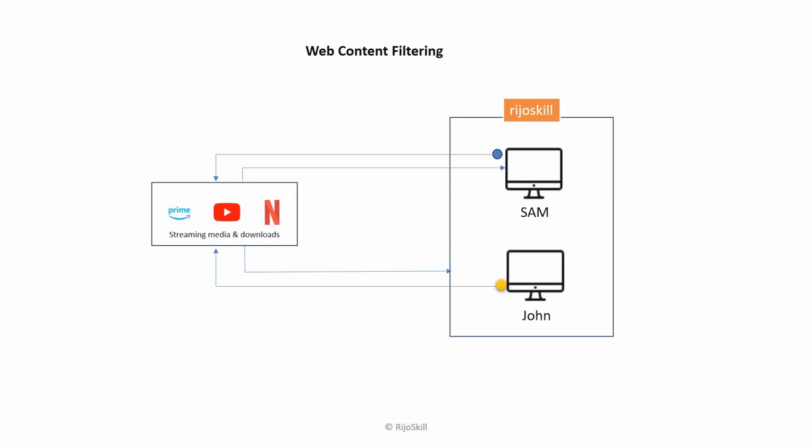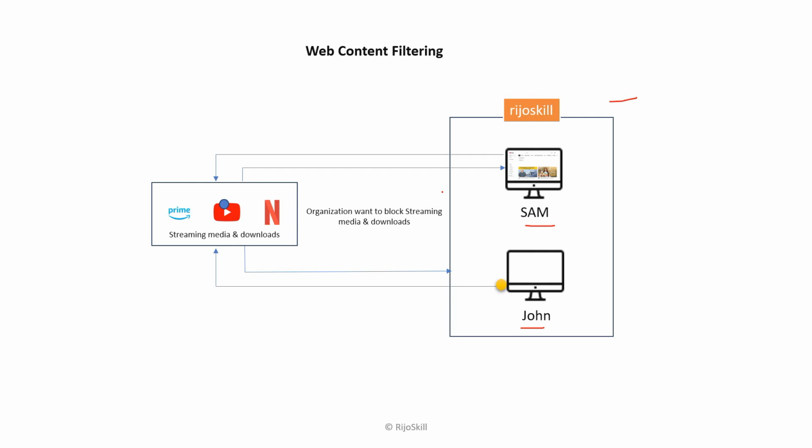Next we will discuss web content filtering. You see the same diagram. We represent the same organization, two devices, one used by Sam, one by John. Sam requests streaming media like YouTube. The request is generated and Sam can see it. Sam is now watching YouTube. But your organization needs to filter the content.